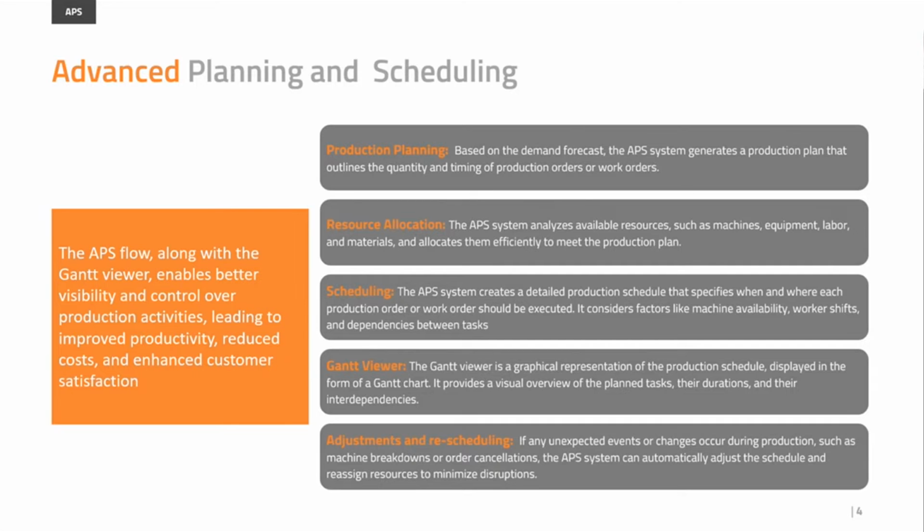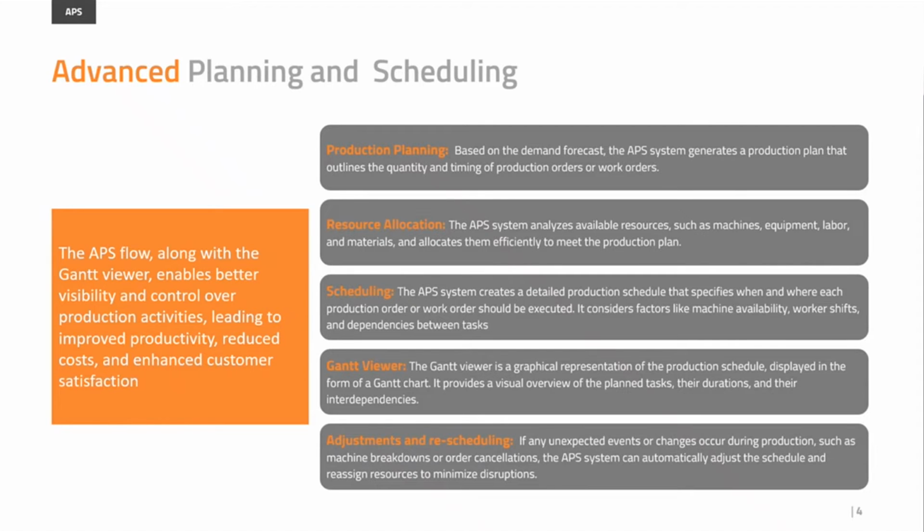So for production planning, of course, the tool is based on demand forecast, and the APS system generates a production plan. It outlines the quantity and also the timing of the production orders and the work orders. For the resources, the APS system analyzes all the available resources.